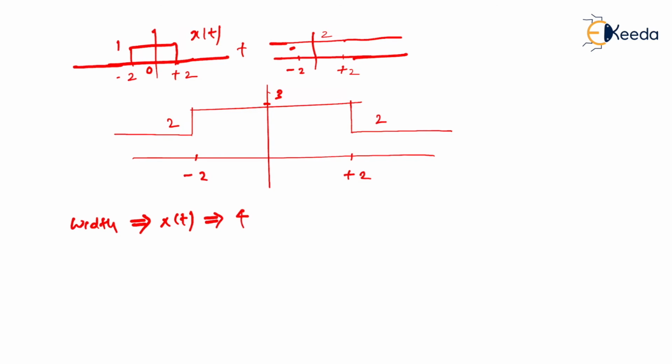If someone asks you what is the width of the DC signal, logically, the width of the DC signal tends to infinity because it is present from -infinity to infinity. You cannot calculate the width, am I right? Once you add these two signals, you get the final answer. Now, what is the final width is the question. If you see the final width, this will also tend to infinity.